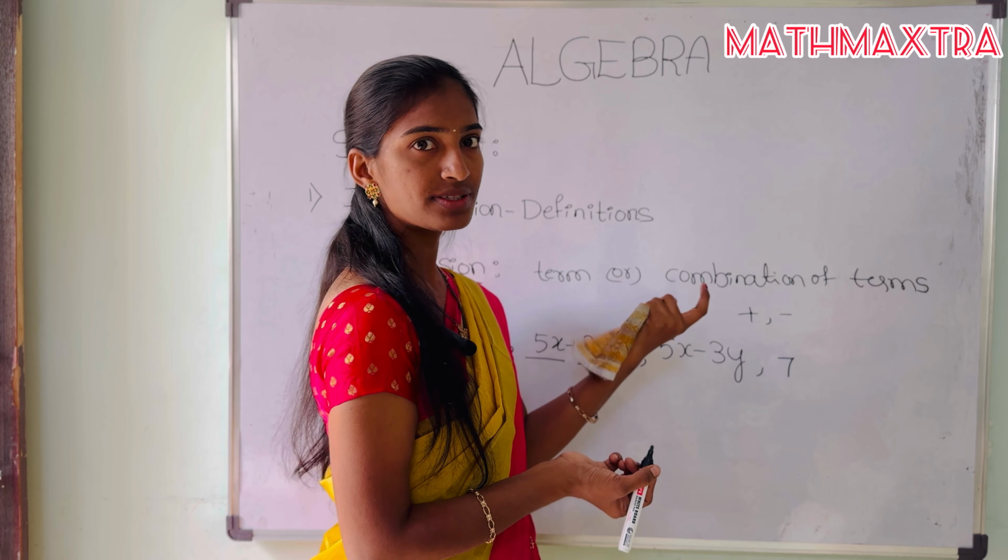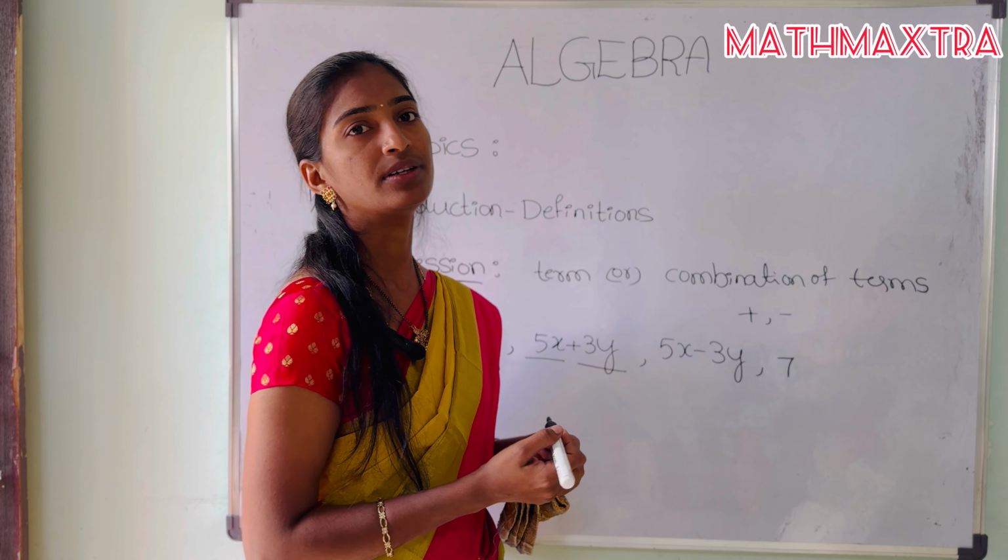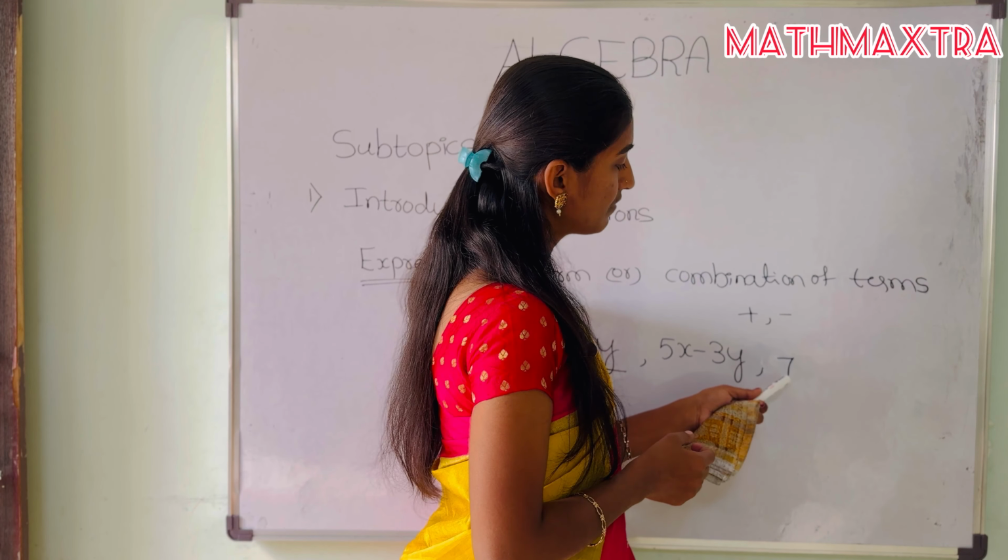So even a single constant can be called an expression. It is a fixed quantity, a numerical number, that is why we call this a numerical expression. And we'll see what an algebraic expression is.